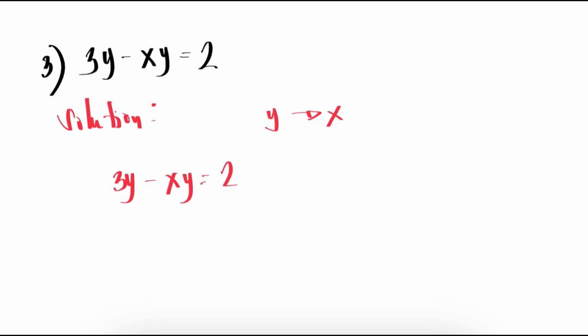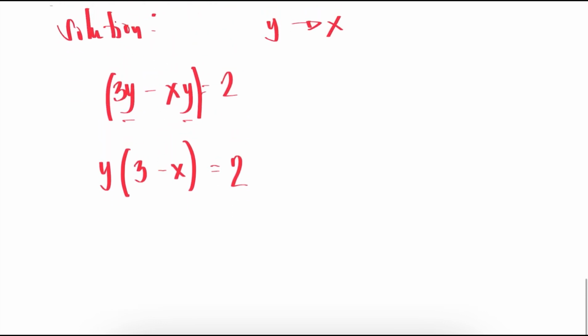On the left side of the equation, we have a common factor. So we will factor the left side of the equation. Common factor is y, and then 3y divided by y is 3, minus xy divided by y is x, is equal now to 2.